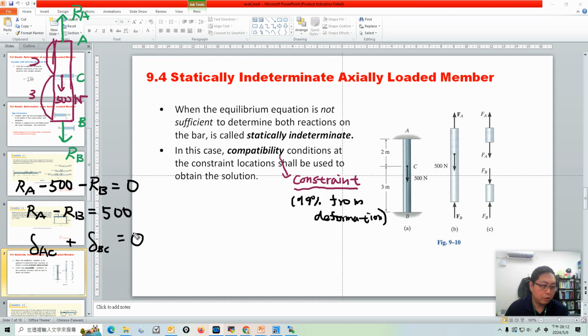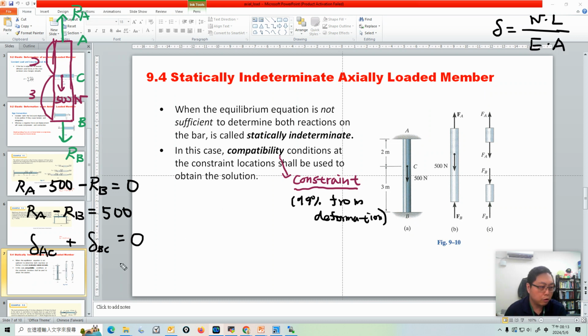That's why the deformations added together must be 0. This is the compatibility equation, also called the constraint of this problem. And don't forget how to calculate the deformation of an axial loading member: the normal force times L, divided by A and E, the elastic modulus times the area.